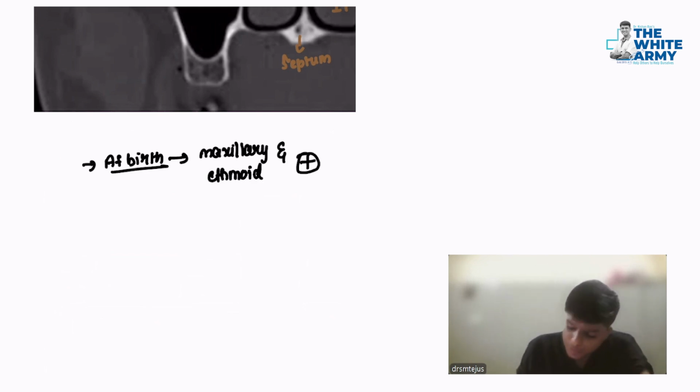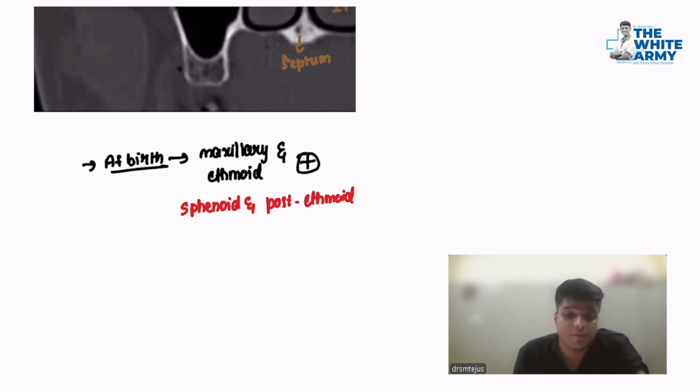The sphenoid and posterior ethmoid sinuses are starting to develop at birth; they have started to develop but are not well developed yet.